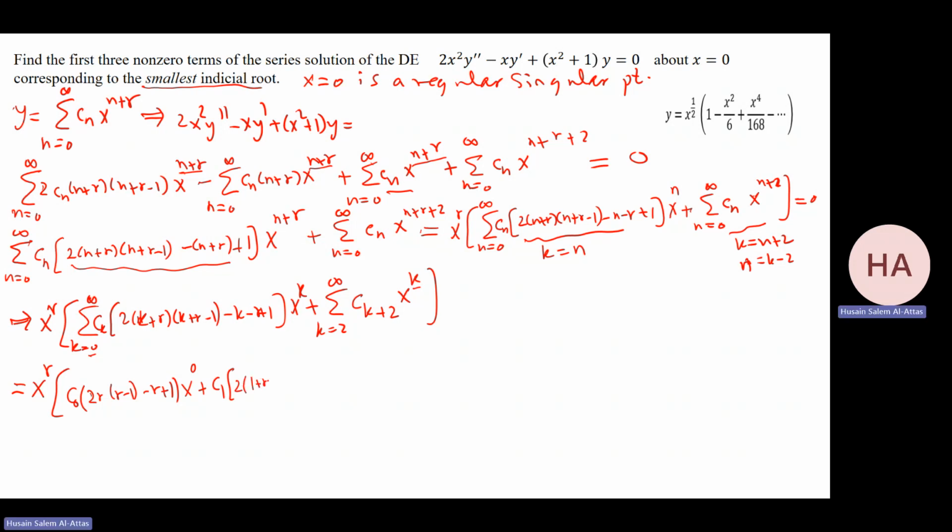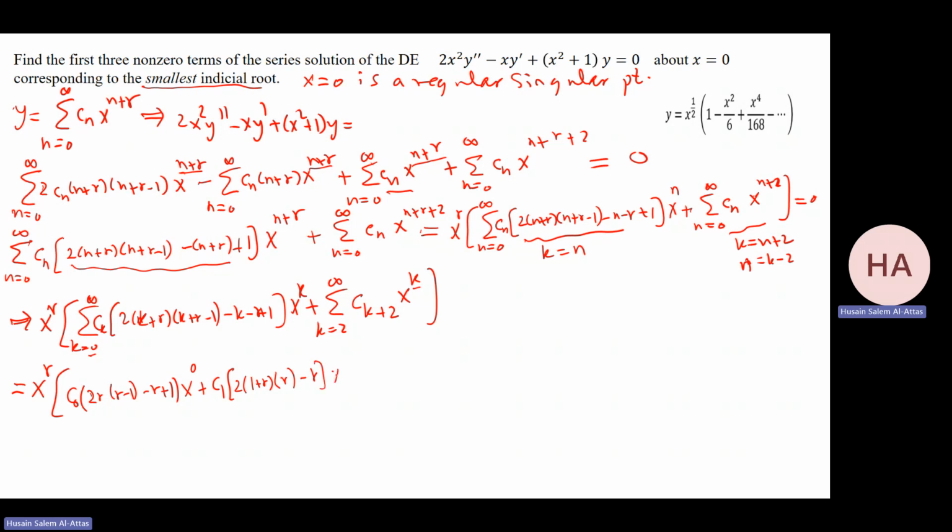I have 2(1 plus r)(r) minus 1 minus r plus 1, so this is minus r, because the minus 1 plus 1 is gone.